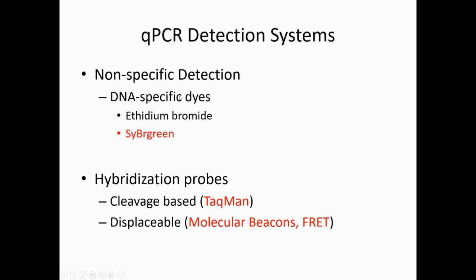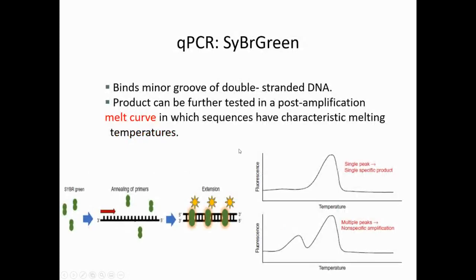Because a non-specific detection detects any double helix DNA, even a mispriming PCR product can still give you the signal. But this hybridization probe is very specific to your defined region. That will be TaqMan and molecular beacon, which we will also discuss later.